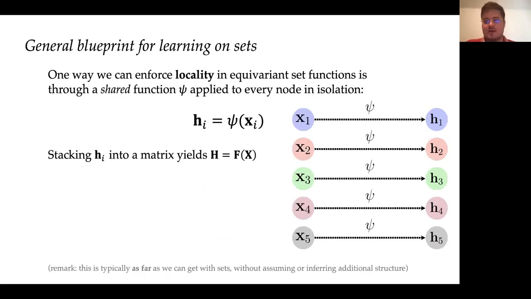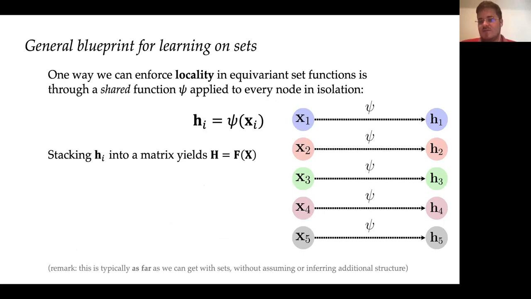Well, there's one very obvious way we can enforce locality in set functions. We just have a shared function and we apply it to every node's features in isolation. So in this case, we have h_i, the latent features of a particular node, which are computed as a result of applying a function psi on that node's features, and that's it.